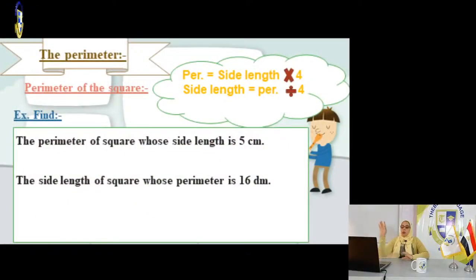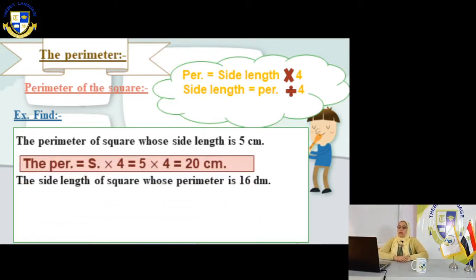Here, the side length is, in math, equals. It means equals. So the side length equals 5. He gives me the side and he asks about the perimeter. Perimeter equals side times 4. So we will just replace the letters by the numbers which we have. Side equals 5, so 5 times 4 equals 20 centimeters.